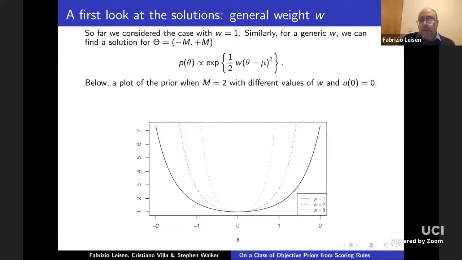In particular, if the weight increases, the tails become heavier. Cristiano will show more on this point, because actually, as a general rule, if you play with this weight, you can play with the tails. But Cristiano will tell more on this point to answer one of the queries of the discussants.